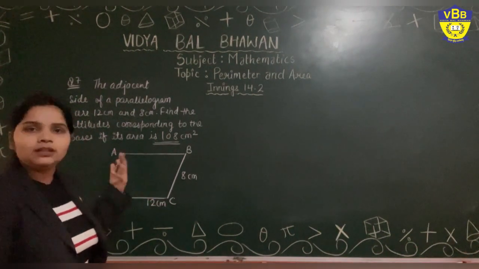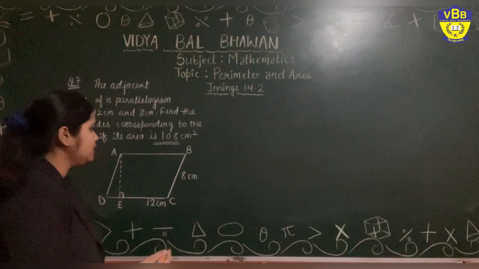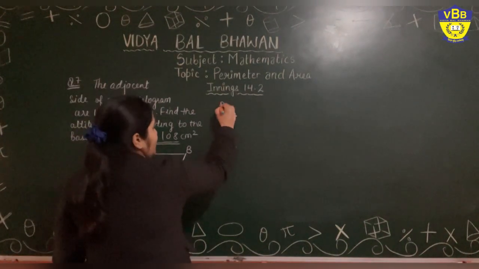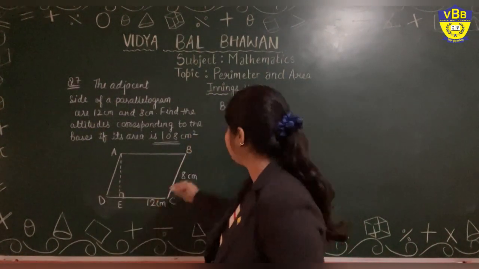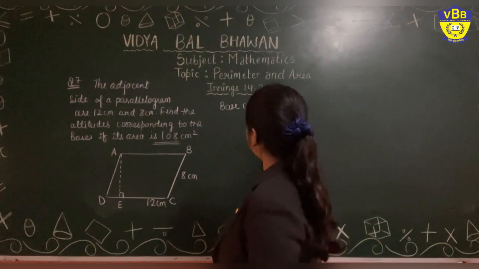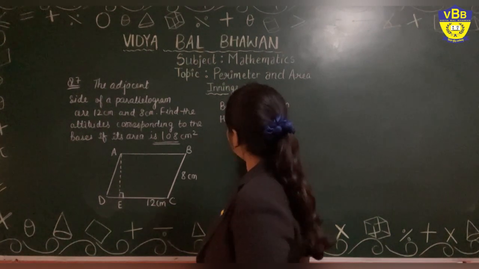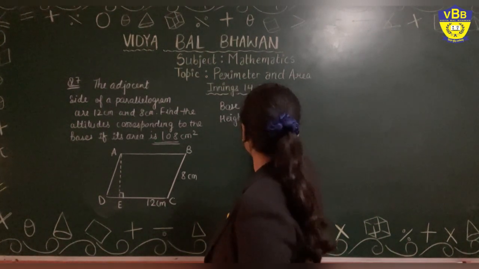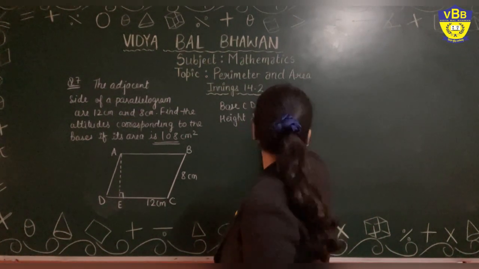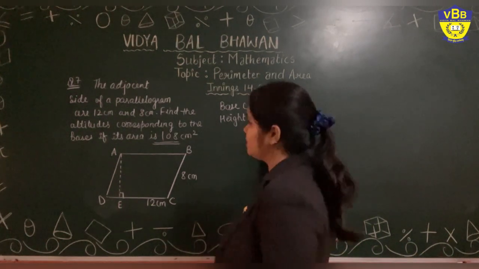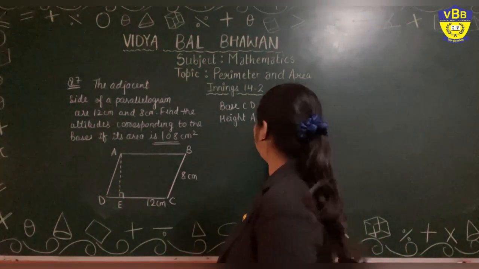Let's write the formula and solve. Base, I am talking about base CD. Base CD is 12 centimeter. Height for this corresponding base will be AE, that is not known.